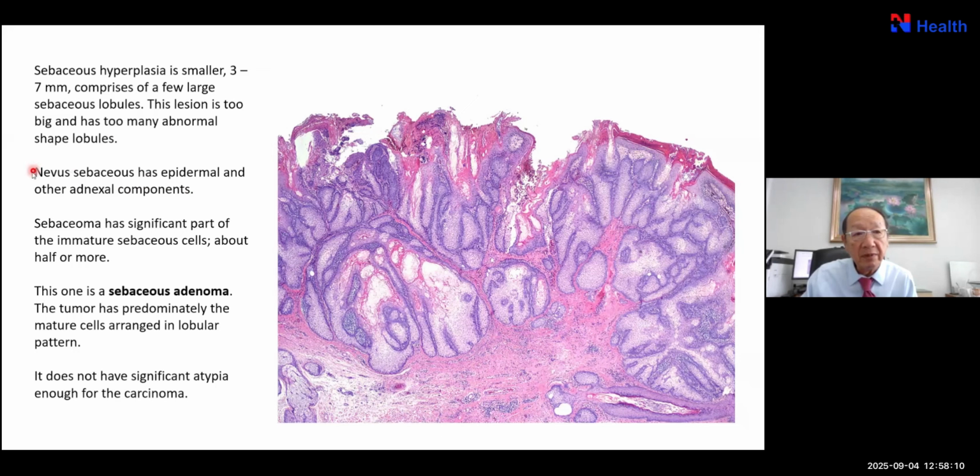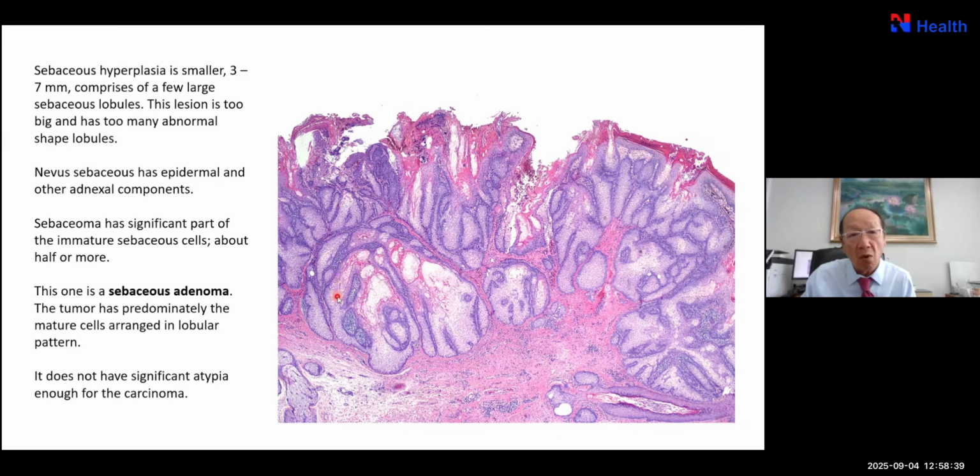The nevus sebaceous in infants has mainly epidermal component. They look like a wart, with some sebaceous lobules at the base. When the children are about 15 or 20 years old, the sebaceous lobules become bigger and it has more classic features of epidermal hyperplasia plus large sebaceous lobules.